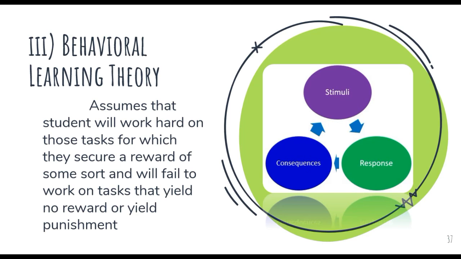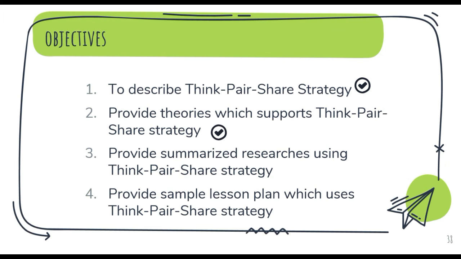So, the behavioral social perspective presupposes that cooperative efforts are fueled by extrinsic motivation to achieve group rewards, may it be academic or non-academic. We are done with our second objective.